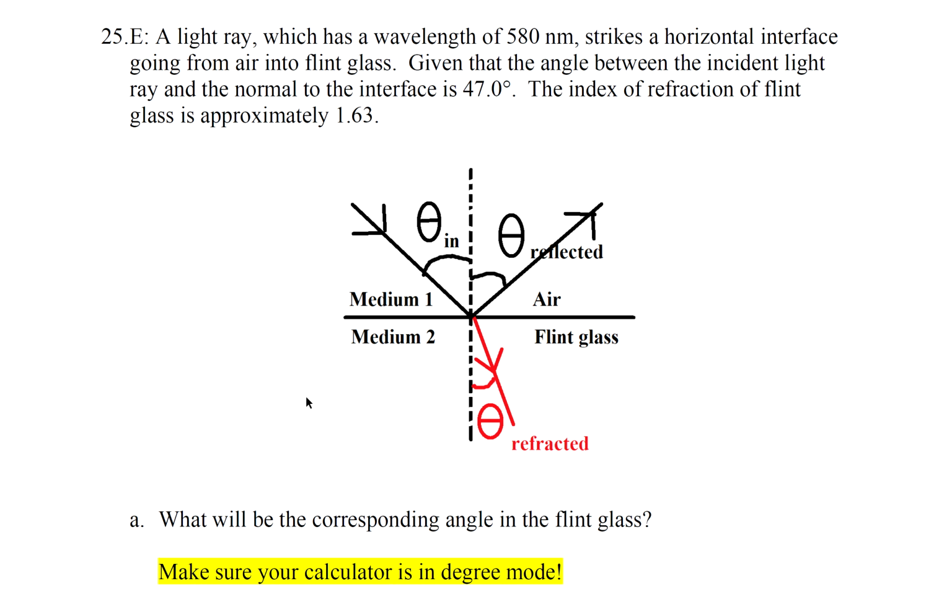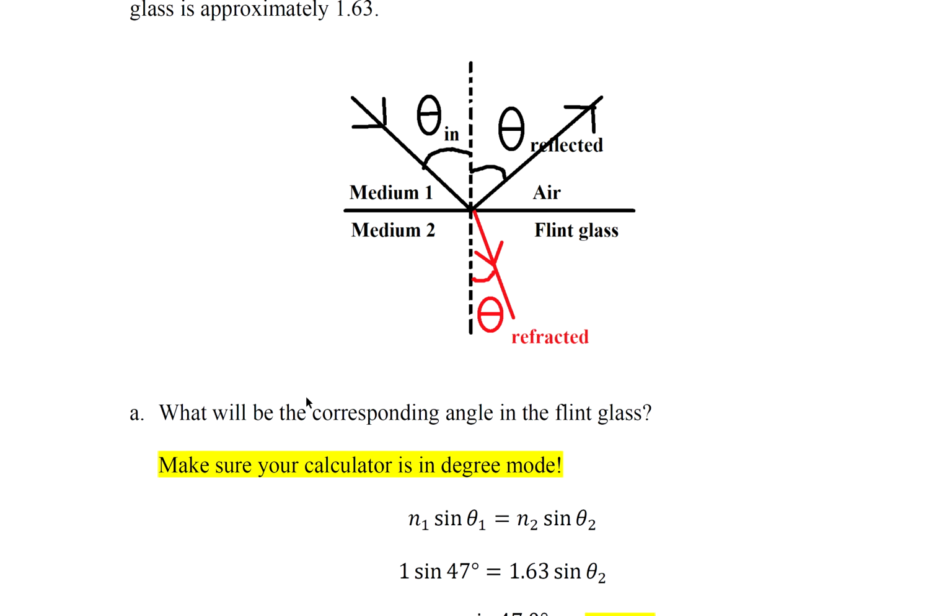Question 25. A light ray which has a wavelength of 580 nanometers strikes a horizontal interface going from air into flint glass. Given that the angle between the incident light ray and the normal to the interface is 47 degrees, and the index of refraction of flint glass is approximately 1.63. So part A, what would be the corresponding angle in the flint glass?